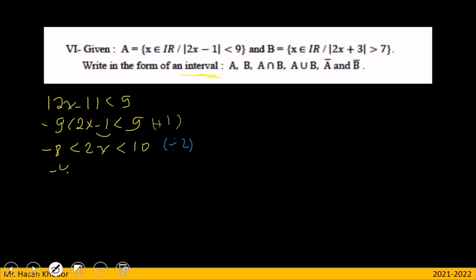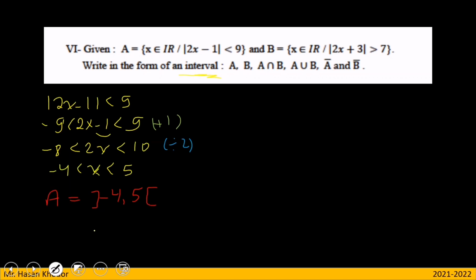We get minus 4 less than x less than 5. And consequently here we get the set A. A is the interval of all real numbers from minus 4 to 5. And since there is no equal in the inequality signs, we open the interval.